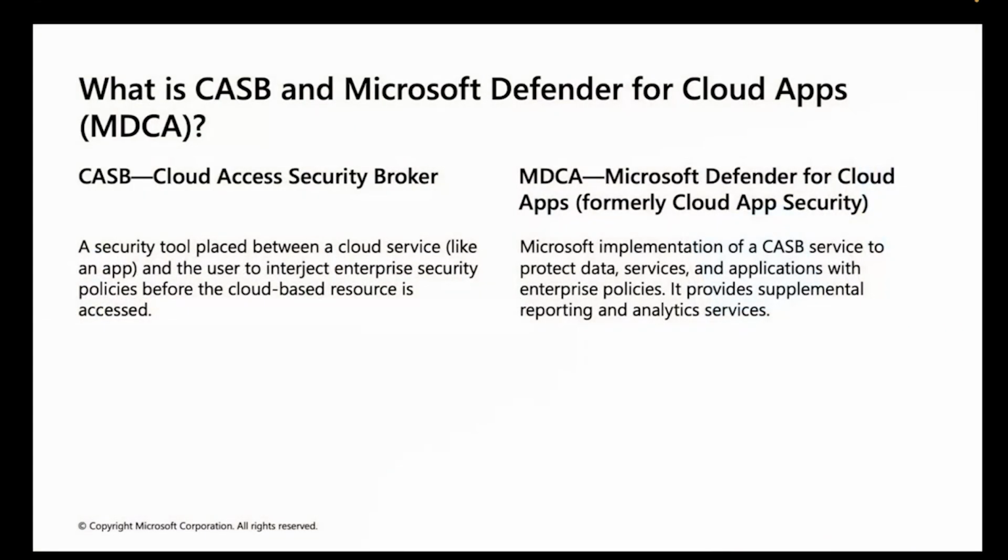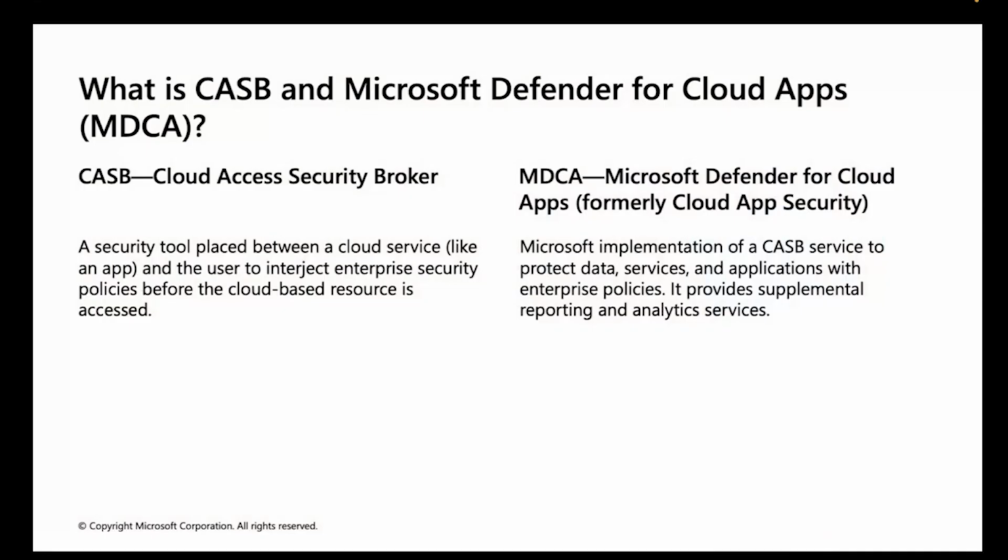So first of all, what is CASB and Microsoft Defender for Cloud Apps, MDCA? CASB is Cloud Access Security Broker. This is a kind of security tool that sits between the cloud application and the user.